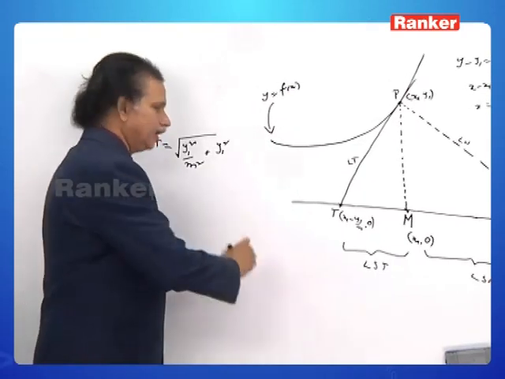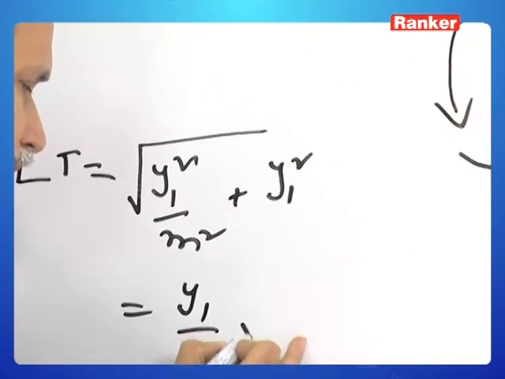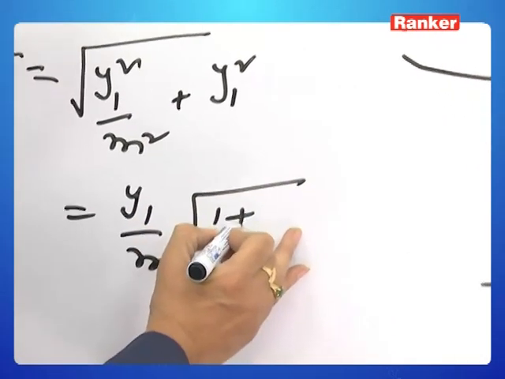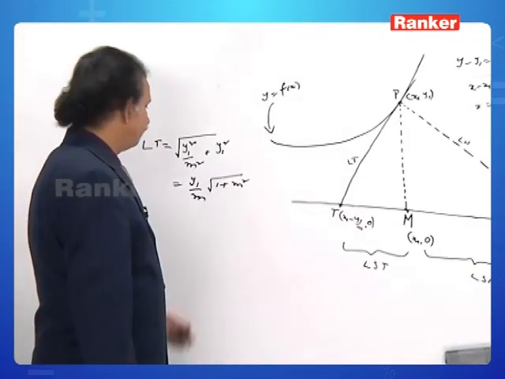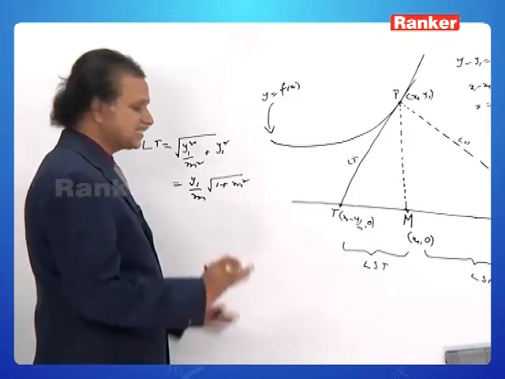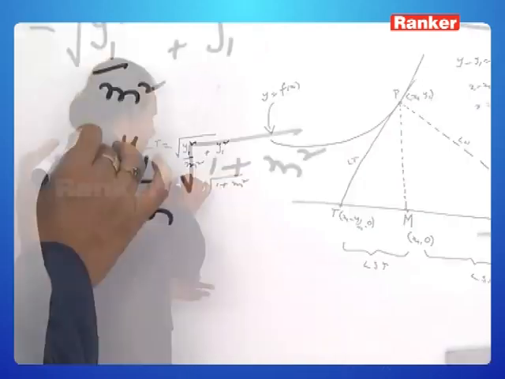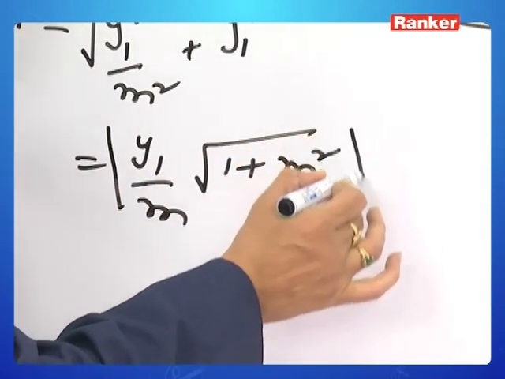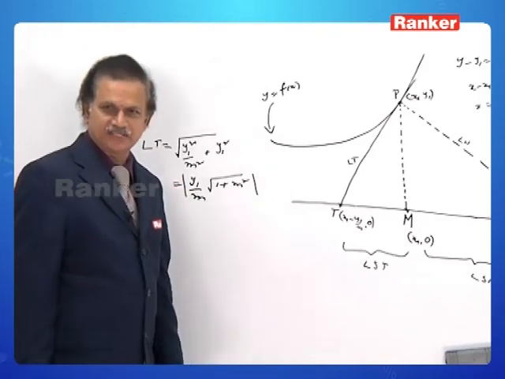If you simplify this, that is y1 by m into root of 1 plus m square. As this is length only, we put the modulus symbol. This is the length of the tangent.